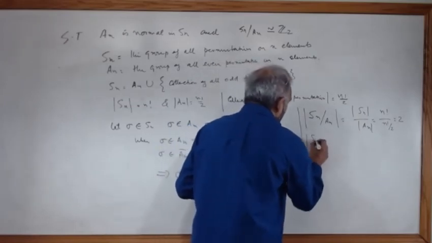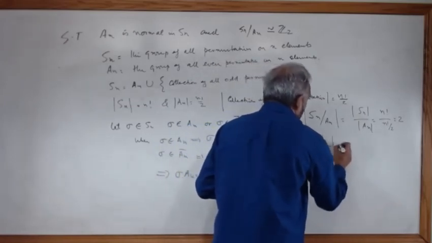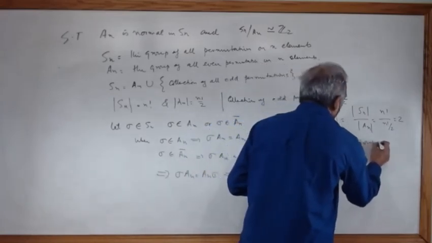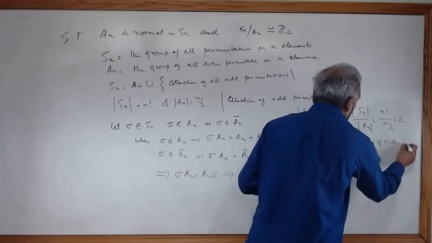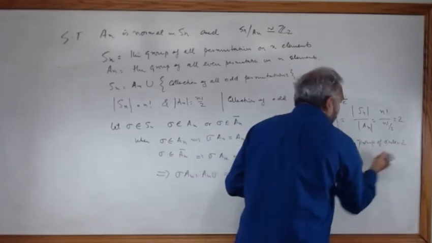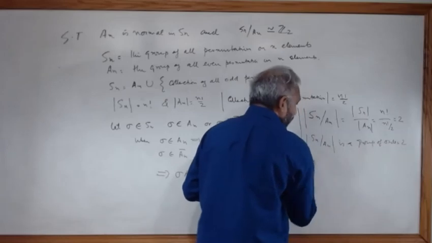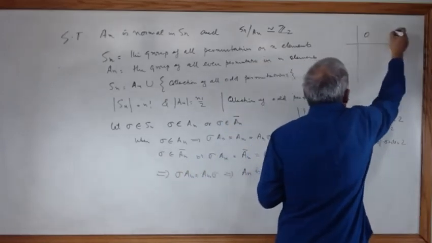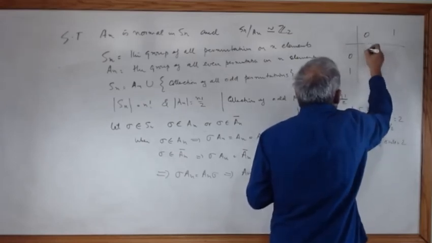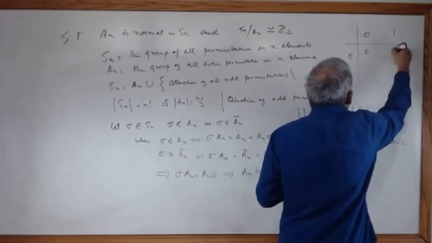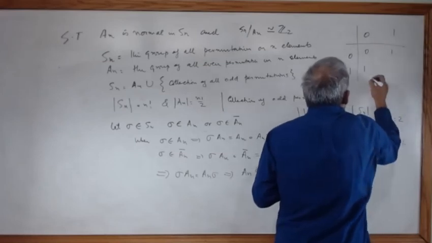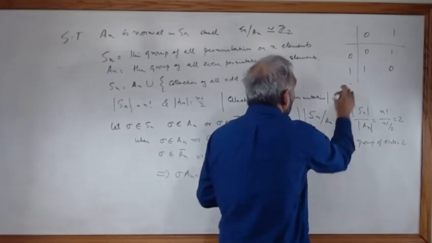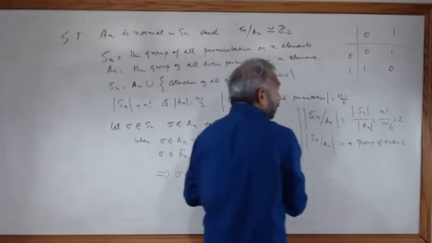So this is a group of order 2. Any group of order 2 must be isomorphic to Z2, because there is only one way of expressing it. See, this is 0, this is 1, 1 plus 1 has to be 0, otherwise this will not be a group. So there is only one way of filling up the multiplication table for order 2.